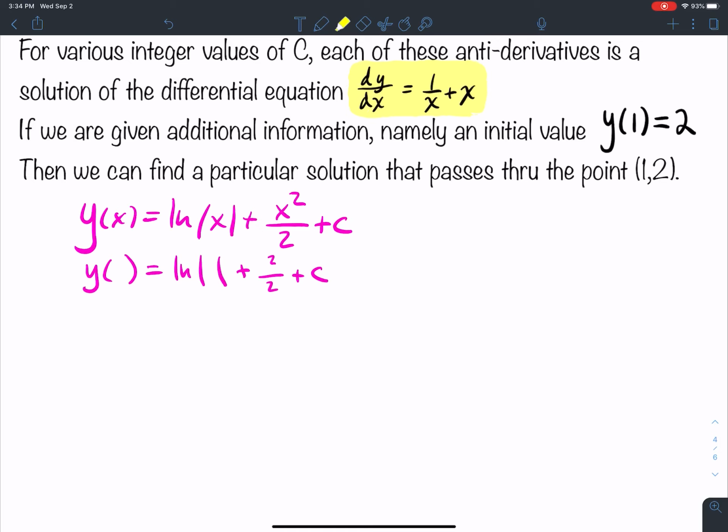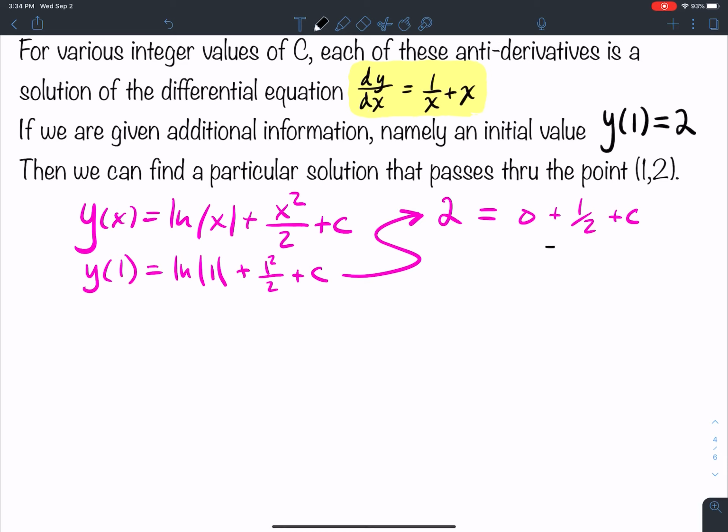So what does this become? Well, y of 1 is equal to 2. The natural log of 1 is actually 0. And then 1 squared over 2 is just a half. And then I have my plus c.